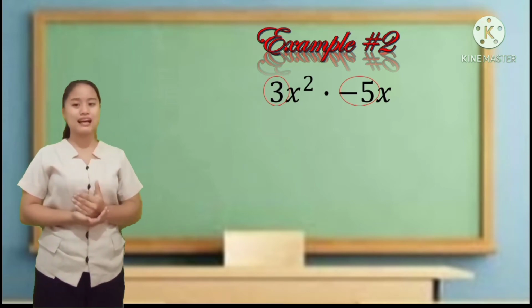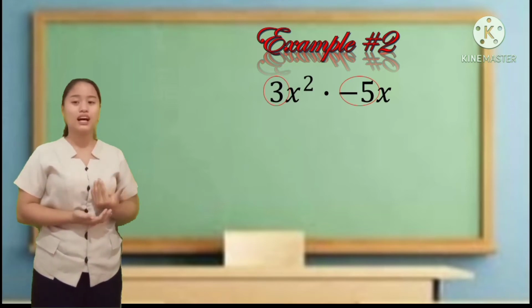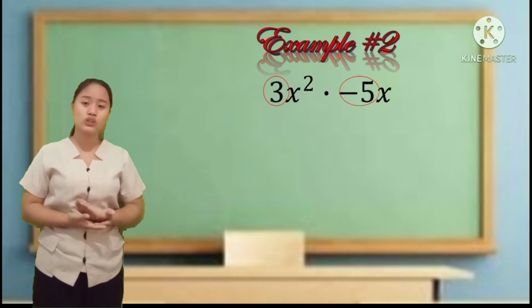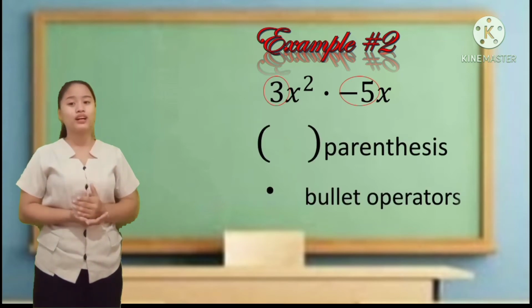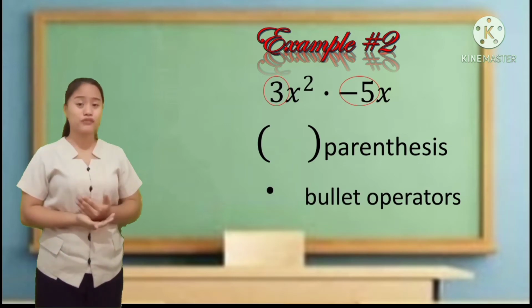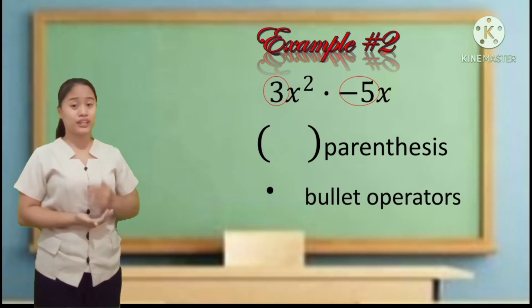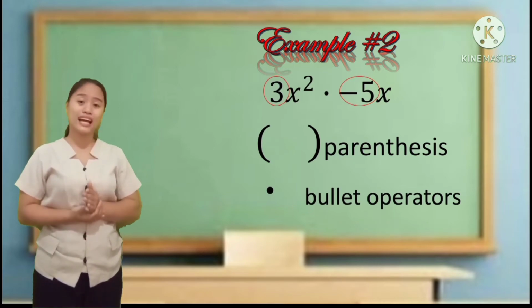As you notice, class, we have different representations of multiplying. So you can make use of parentheses or you can make use of the dot to do a multiplying. There is no difference between using the parentheses and the dot. It's up to you what kind of multiplication operator you will use.